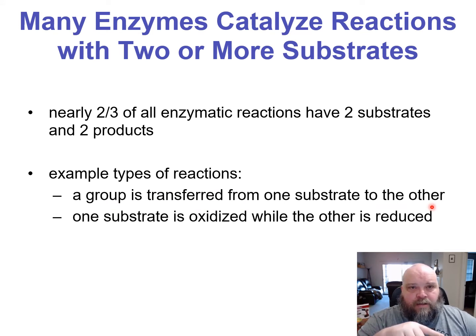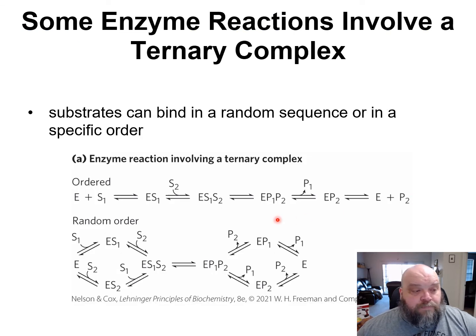Cut off a carboxyl, transfer it. Or one substrate is oxidized, the other is reduced. So now you have to take into account E plus S1, ES1, in comes S2, ES1S2, EP1P2, kick out product 1, EP2, E plus P2. This is if everything has a nice, logical, as it says, ordered.